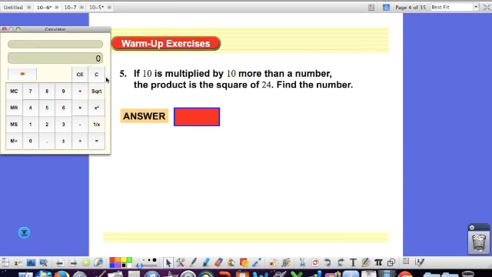And my last problem here on the warm-up, if 10 is multiplied by 10 more than a number, the product is the square of 24. Okay?